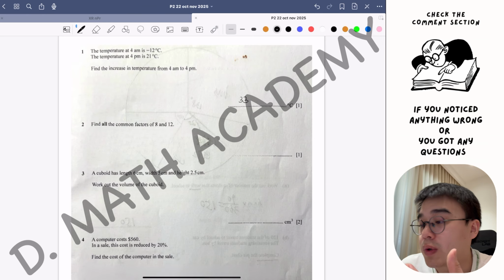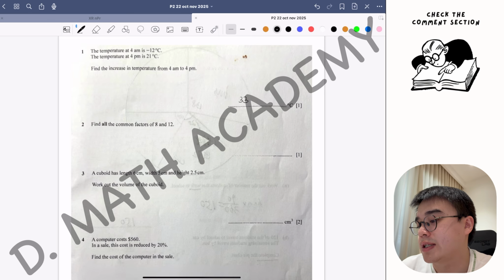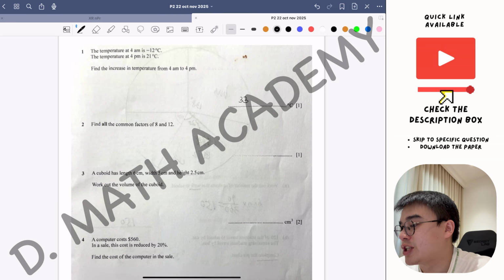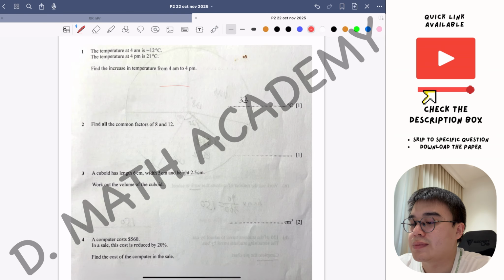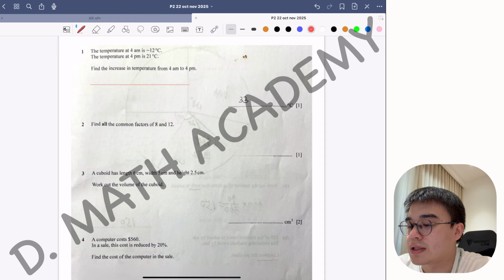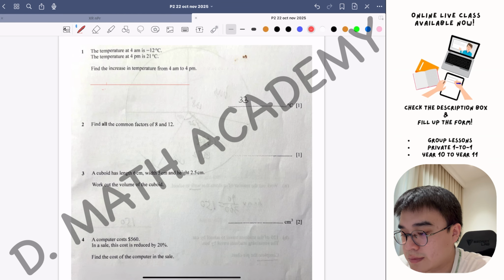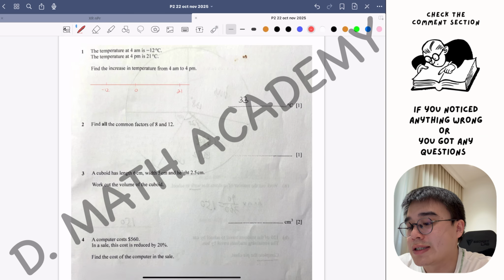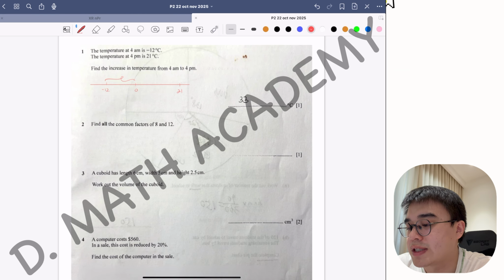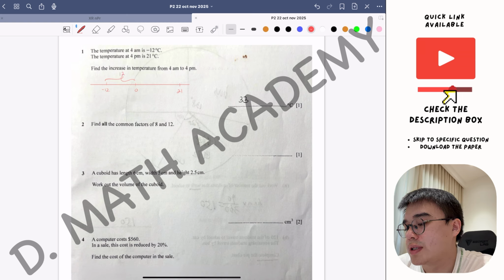So students might ask, why is it 33 specifically? So the general idea to understand negative numbers is that you can just draw a line like this, and then you calculate the gaps. Between 0 and -12 Celsius is 12 degrees, and then from here it's just 21.